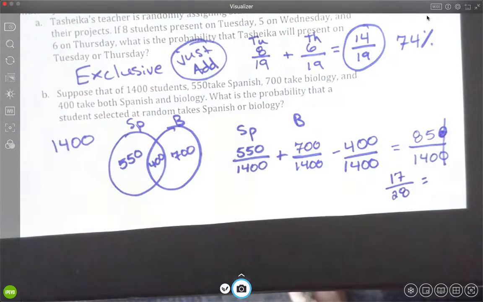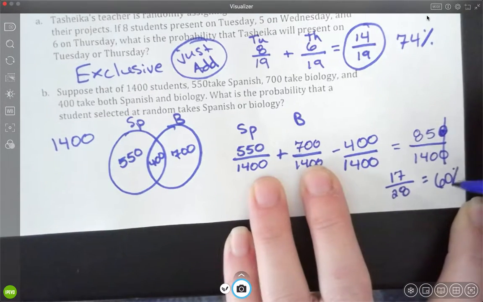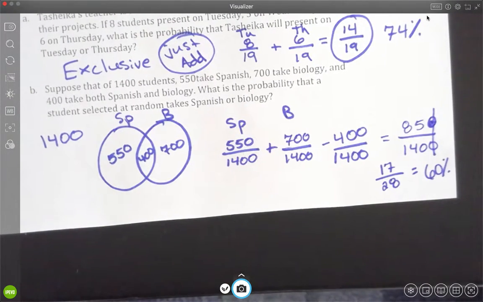Yeah, 17 over 28. What is that as a decimal, or a percentage? 60%. So that means that if I go and choose any one student out of those 1,400, I have a 60% chance of choosing somebody that's in either Spanish or biology. Only 40% of the students are not in either one of those. Does that make sense?